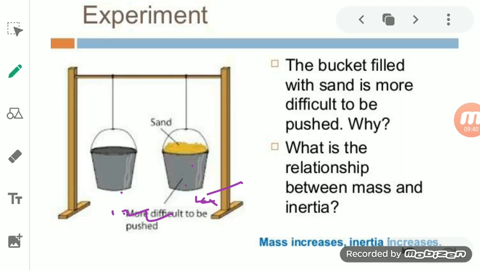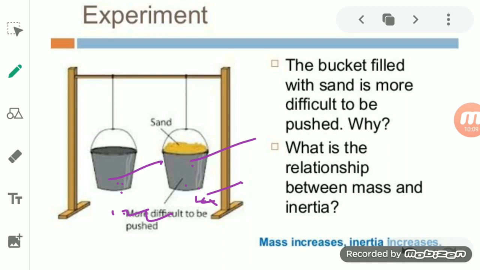If it is at rest, we have to put in more force so that we can lift it up, which means we are changing its state from rest to motion. Since it has more mass than the empty bucket, we have to apply more force. If we are applying more force, it means it has more inertia too.